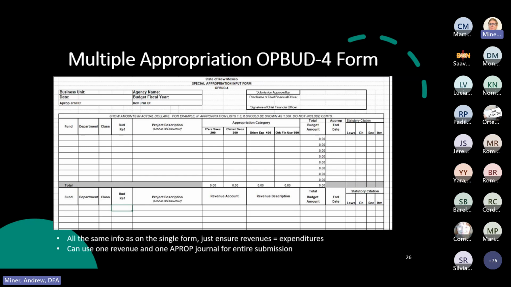We hope to roll it out and expand it to more agencies maybe next year. The one hurdle we have to get over is that, remember, agencies can set up their own expenditure budgets for each appropriation. So we still need that information from agencies. We can't just do everything on our own, because we don't know without your input how to set that up. But we're thinking about that. We're working on it, and we hope that really helps us expedite the process in the future.